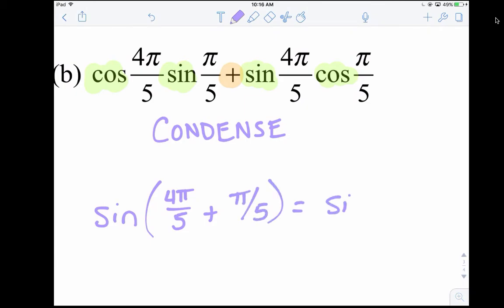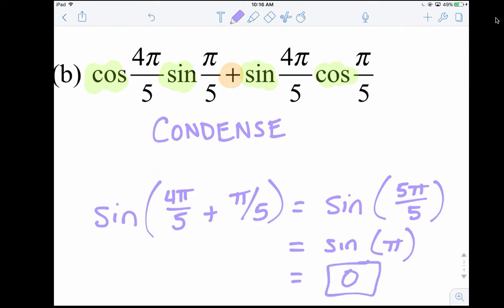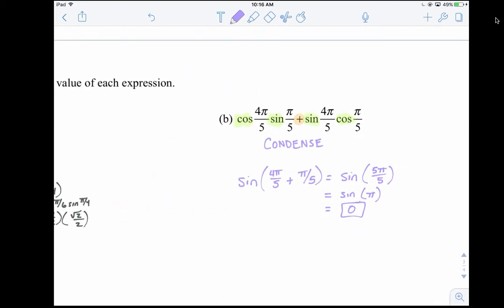That gives you sine of 5 pi over 5, which is sine of pi. Now sine of pi is 0. So that would be your final answer there. It's just recognizing which formula is being used.